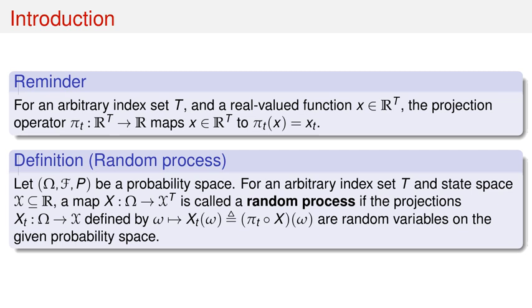For an arbitrary index set T, which often represents time or space, and a state space 𝒳, which is a subset of R, a map X from Ω to 𝒳^T is called a random process if the projections X_t from Ω to 𝒳, defined by ω maps to X_t(ω), which is π_t composed with X evaluated at ω, are random variables on the given probability space for every t in T.